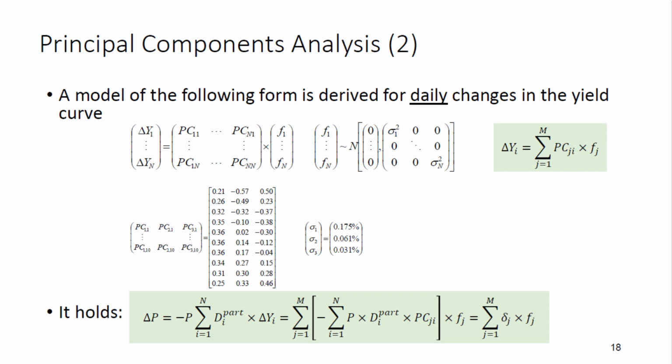On the left hand side it says, how is the change in the 1 year yield, in the 2 year yield, and in the n year yield, so those are different points on the yield curve, how do they change on a daily basis? And what the model says is, you could very simply model that as a principal component matrix. That's the matrix with the elements PC11 until PCN1, PCN1 until PCNN, and you multiply them with very specific factors.